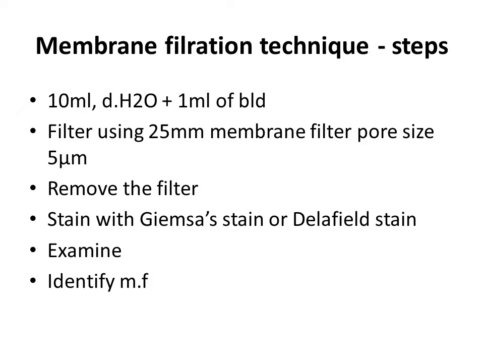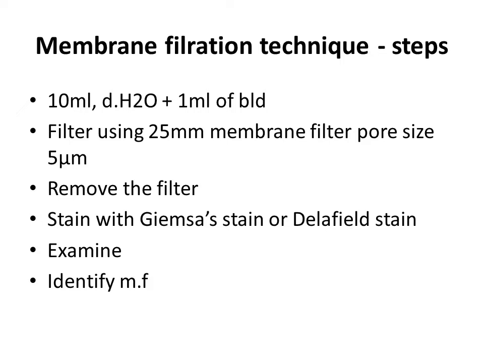The membrane looks like a transparent membrane. Then remove the membrane filter, which is very transparent, and take it out. Then you can directly observe whether the parasite is present or not, or you can go for staining, Giemsa or Leishman, then examine under the microscope for species identification.